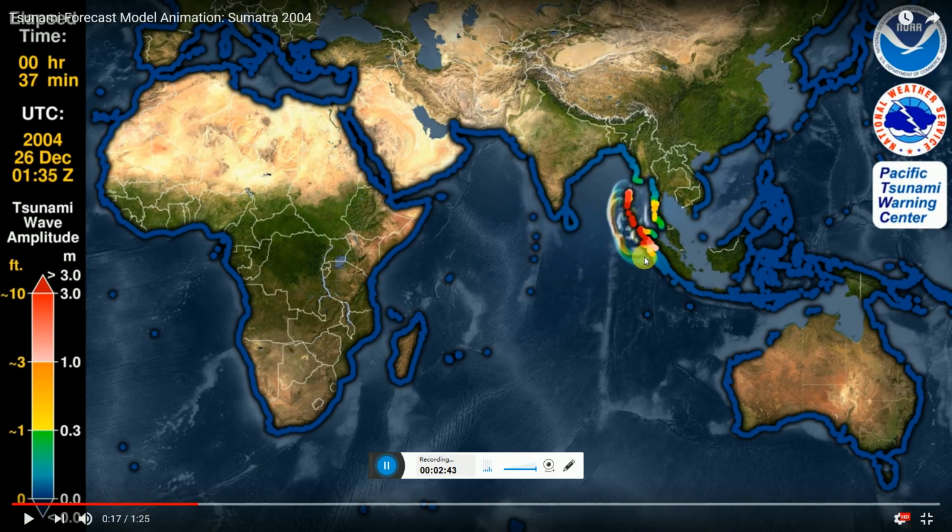The rupture itself here was about 1,200 to 1,600 kilometers long.